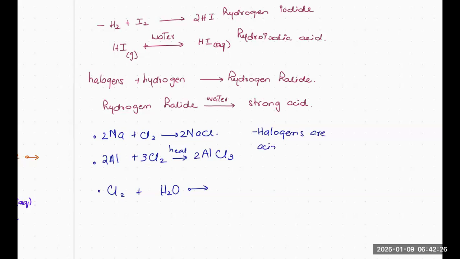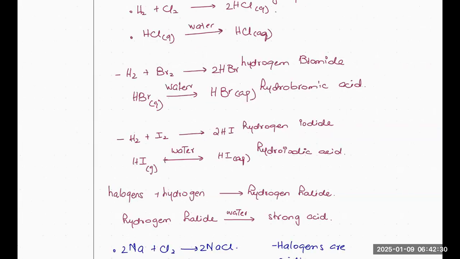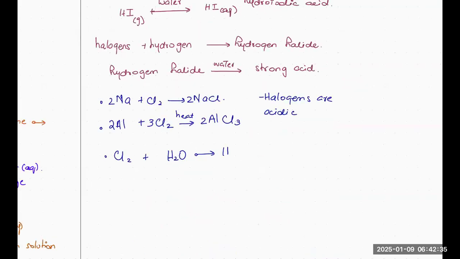So when chlorine directly dissolves in water, it makes hydrochloric acid and a new type of acid, HClO. HClO is hydrochlorous acid, and HCl is hydrochloric acid. Hydrochlorous acid and hydrochloric acid are formed.